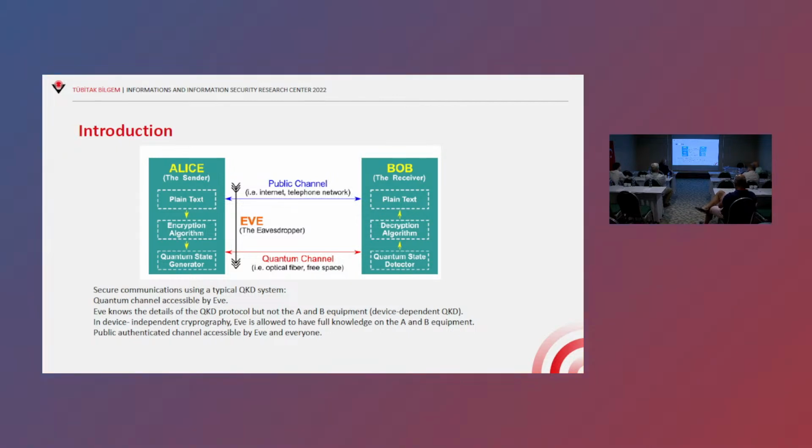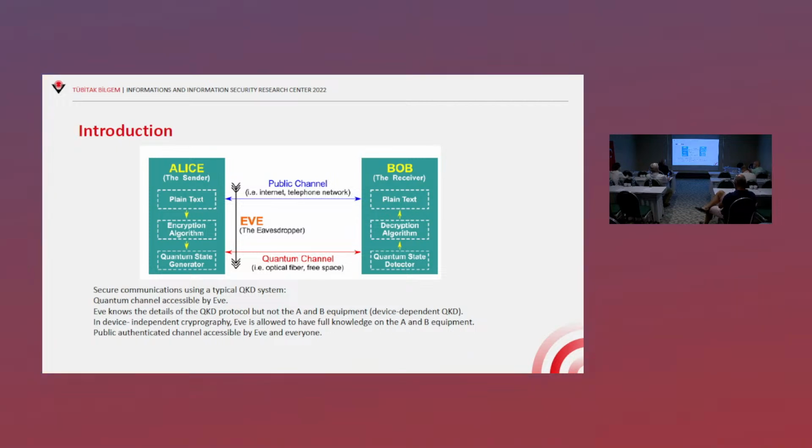A quantum channel could be an optical fiber, or in certain applications could be free space. But we also need to implement these protocols securely with a public channel, a classical channel. A classical channel could be the internet or telephone network.